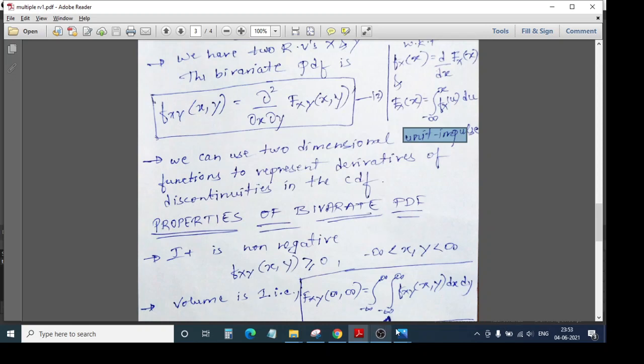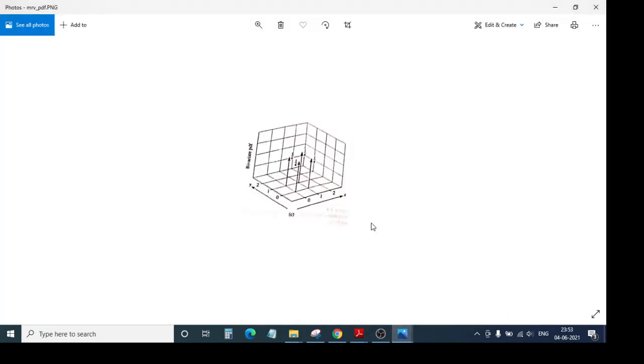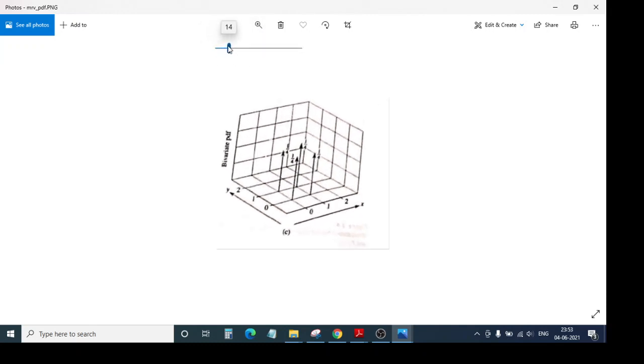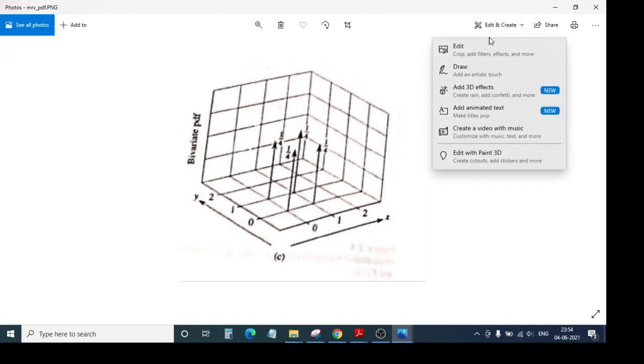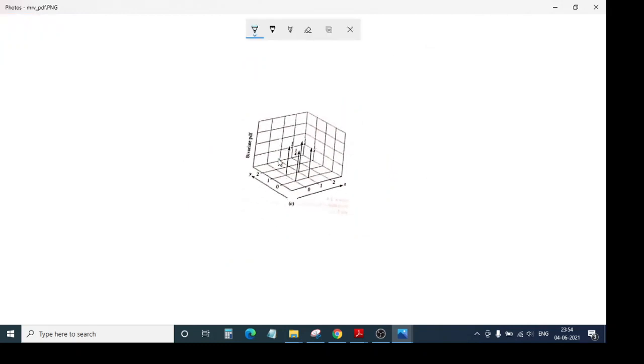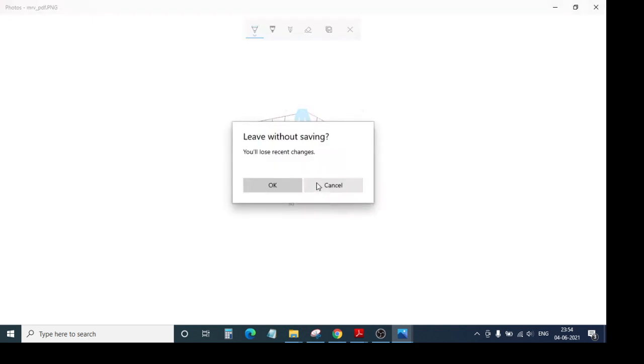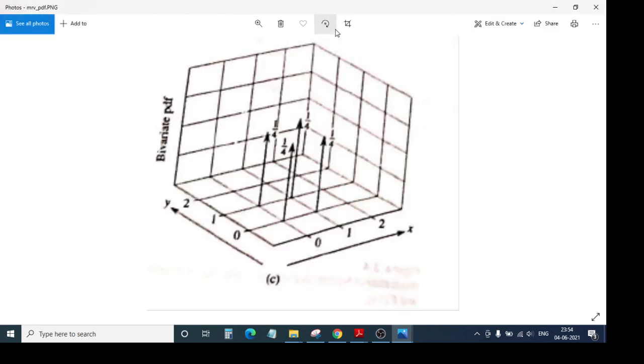Now, if you want to see how your CDF would look, just see here. This is your PDF. You can observe it more closely: these are nothing but your unit impulses. They have drawn the impulses here. So whatever you can see here is your PDF, which is nothing but impulses.